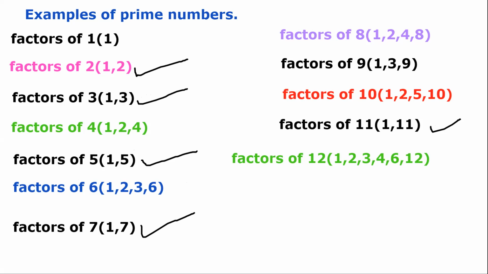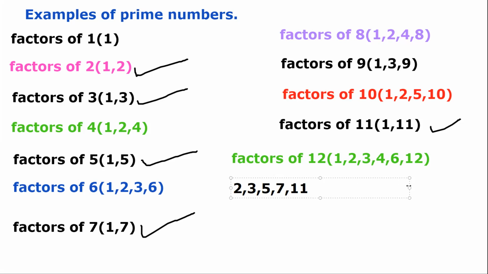So the prime numbers less than 13 are 2, 3, 5, 7, 11.